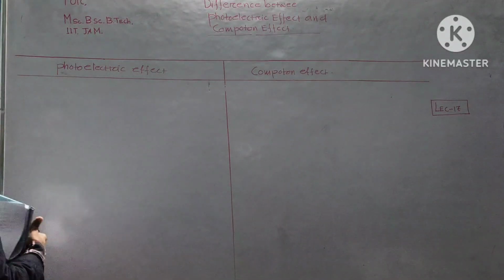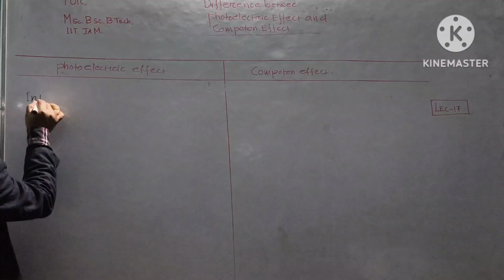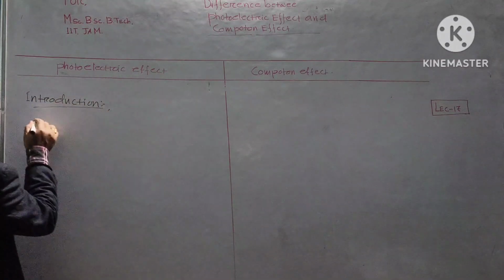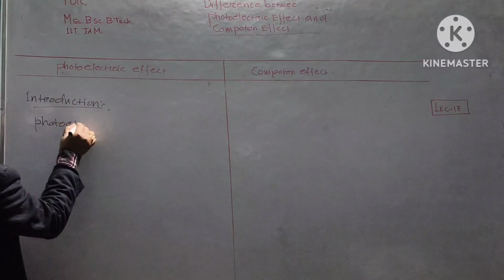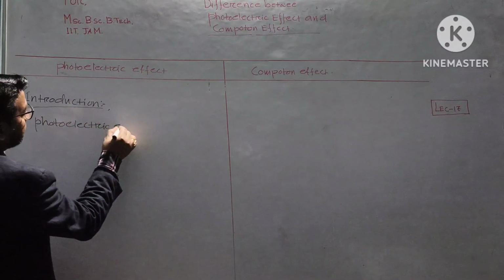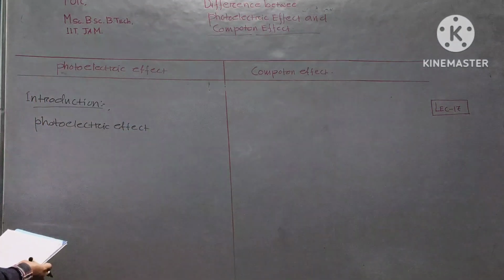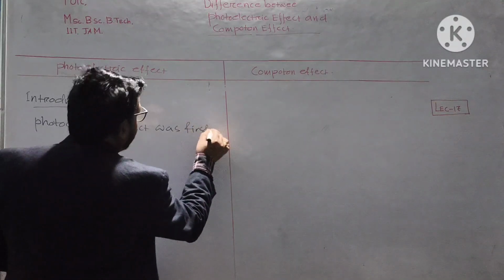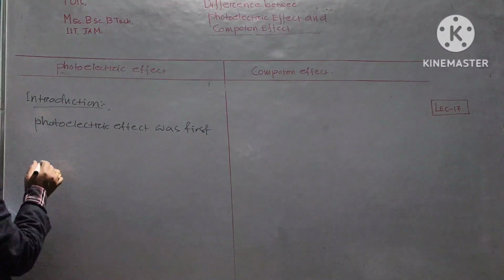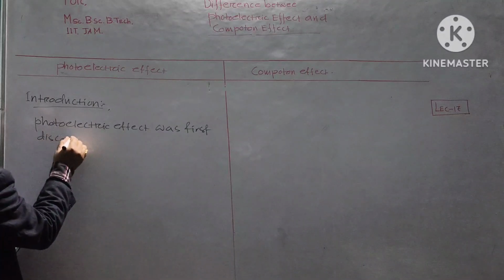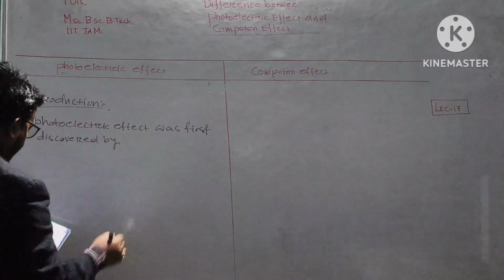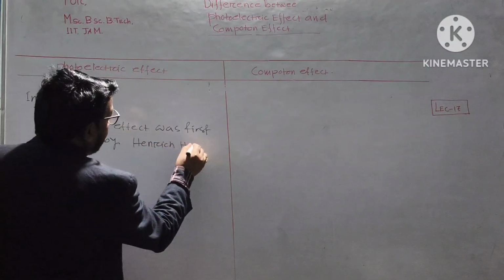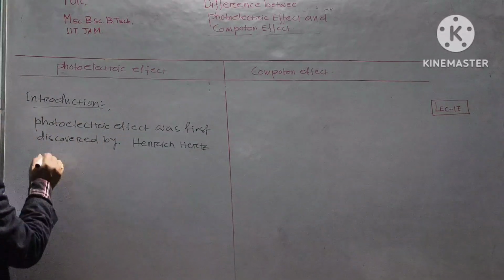Introduction. Photoelectric effect. The photoelectric effect was first discovered by Heinrich Hertz in 1887.